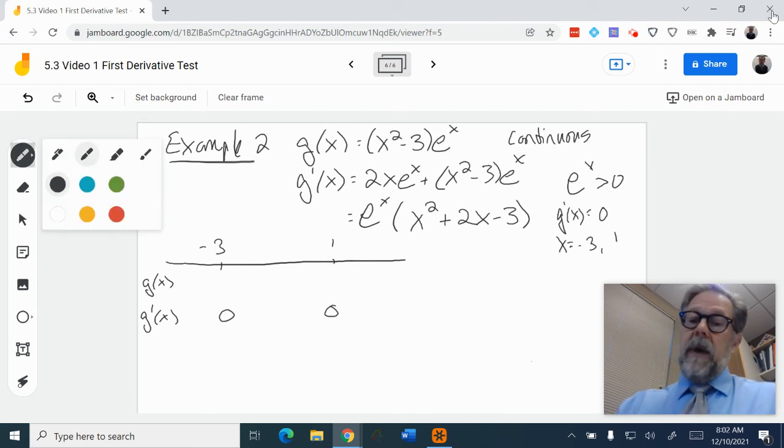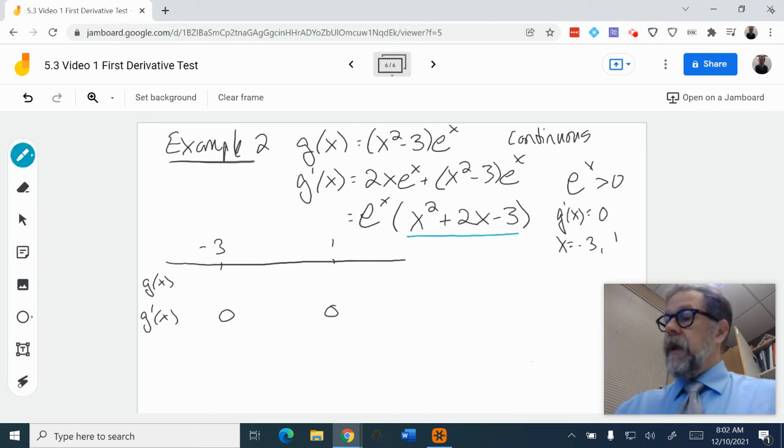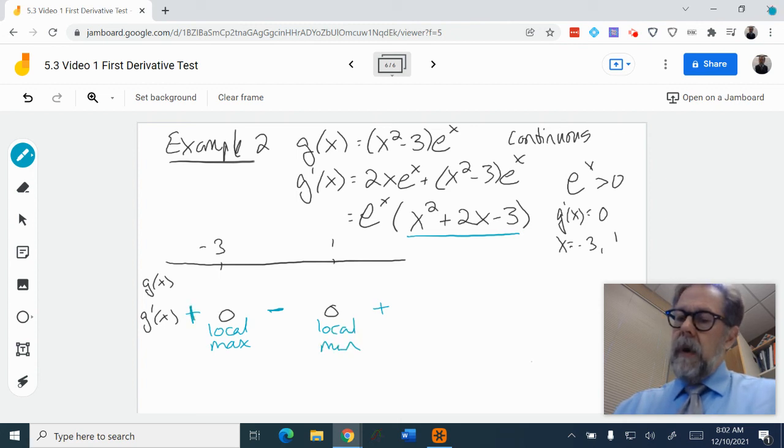But again, I only have to deal with the quadratic. Since e to the x is always positive, I know that this derivative is going to be positive outside of negative 3 and 1. I know that it is going to be negative inside of negative 3 and 1, which means that this is a local maximum and this is a local minimum. Again, going up, followed by going down, and then going down, followed by going up.